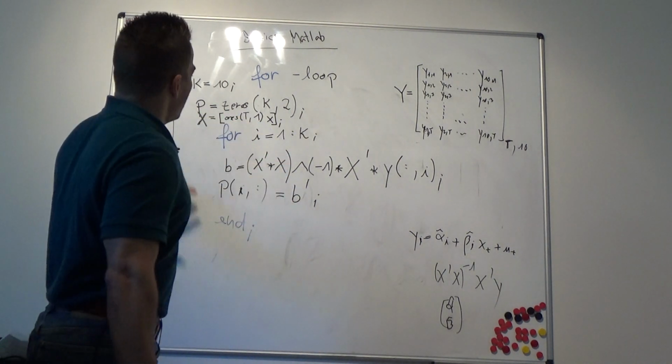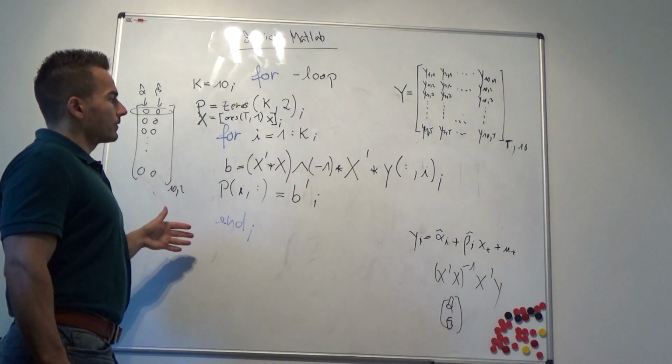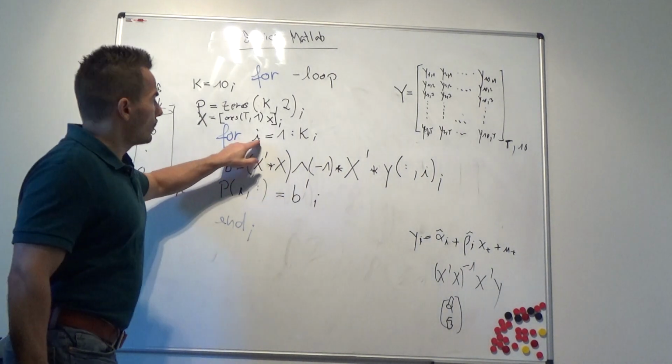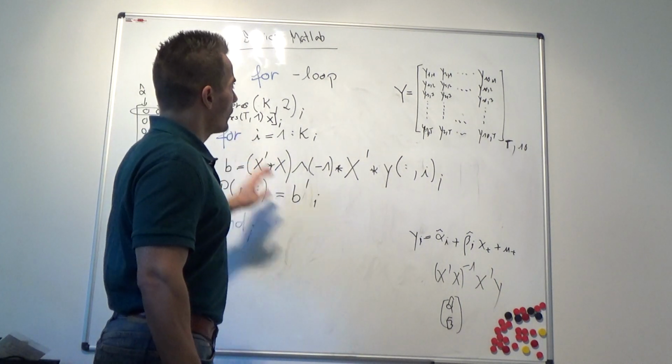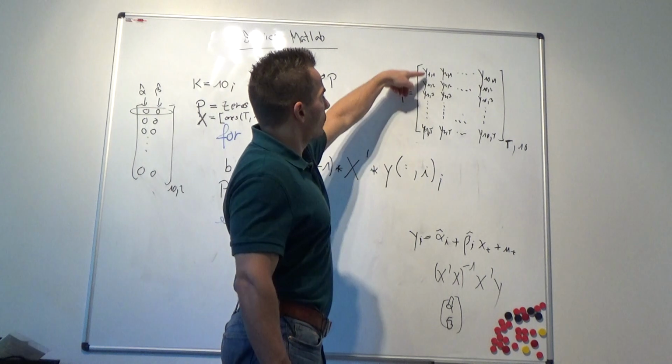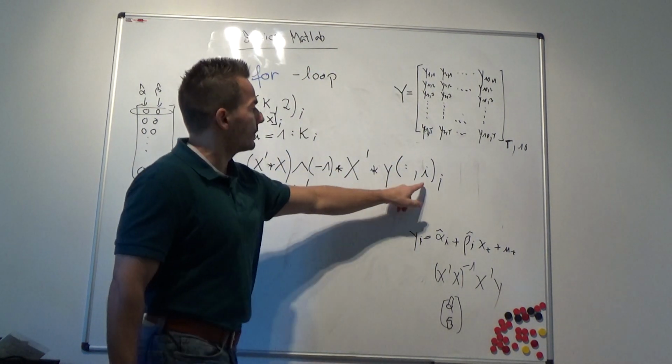So this simple application of a for loop, what are we doing? If I is equal to 1, it starts at I is equal to 1. When I is equal to 1, it grabs the first vector of excess returns of the first stock, and puts it here.